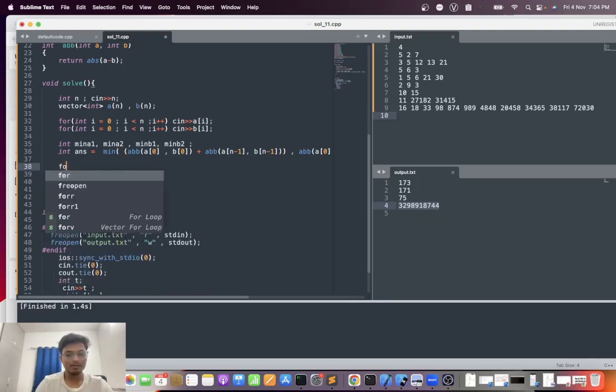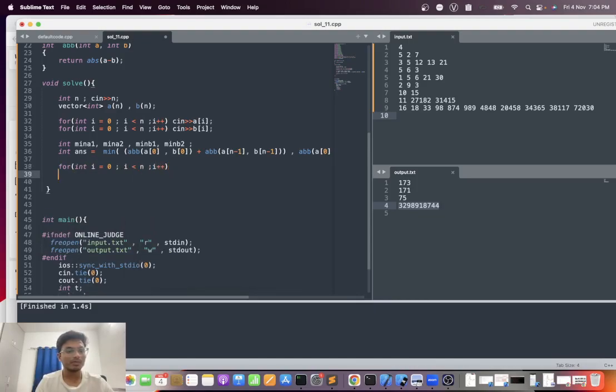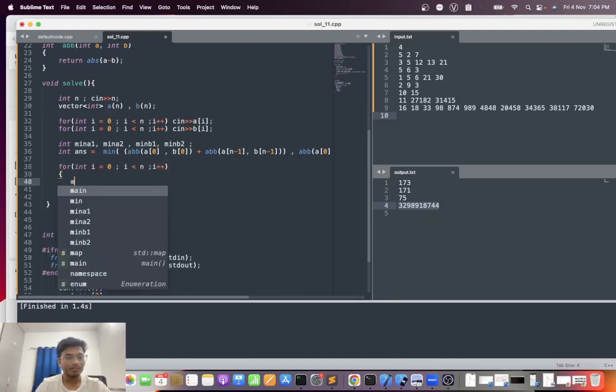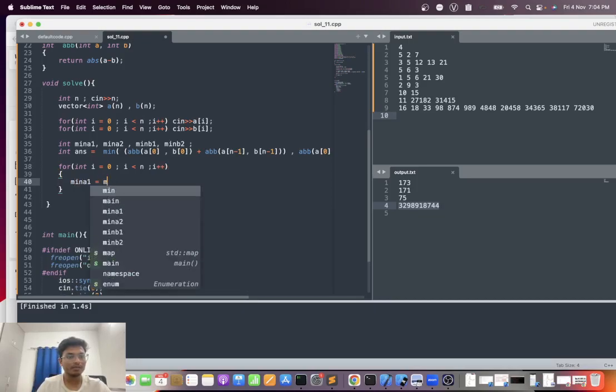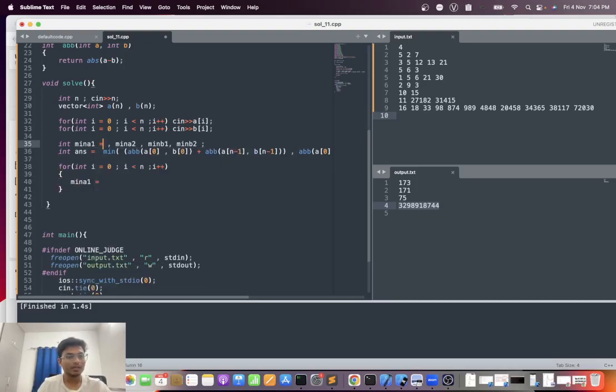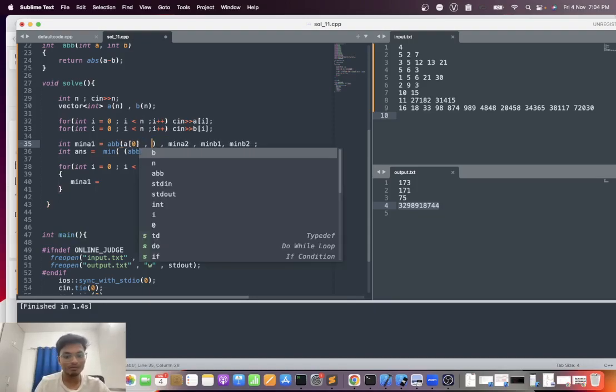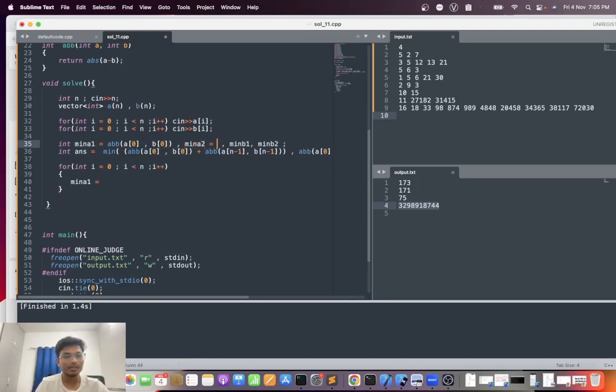So I need to find for int i equal to 0, i less than n, i plus plus, the minima of 1 is equal to minima. I need to find that is a0 with any value. So abb with this one, a0 and with, let's say, b0. Similarly, the minimum value of a of n minus 1 with any value.